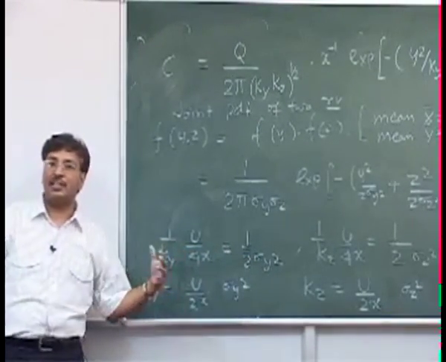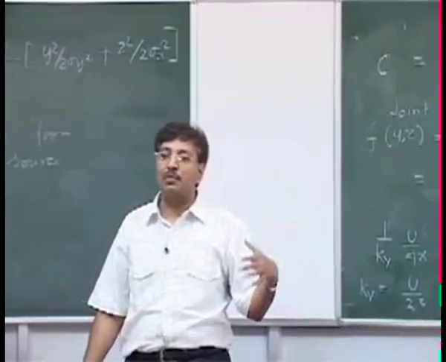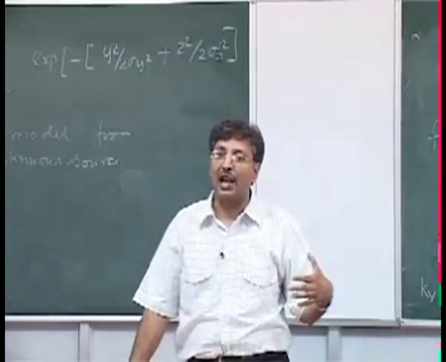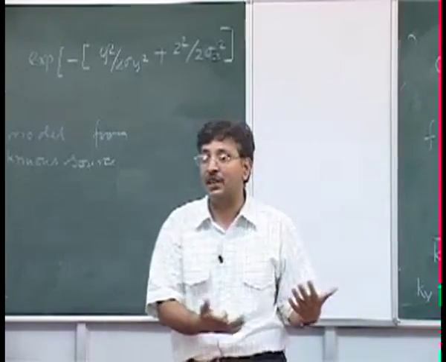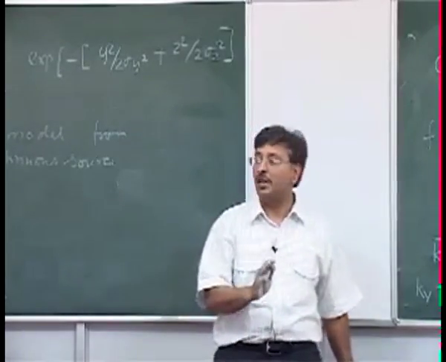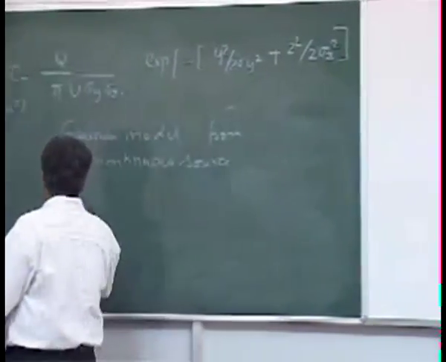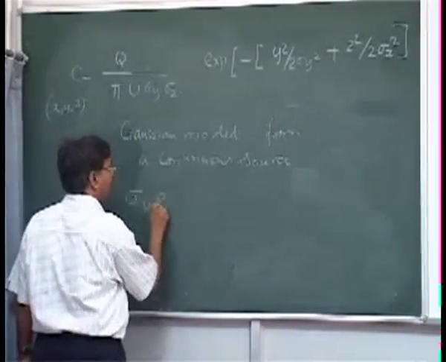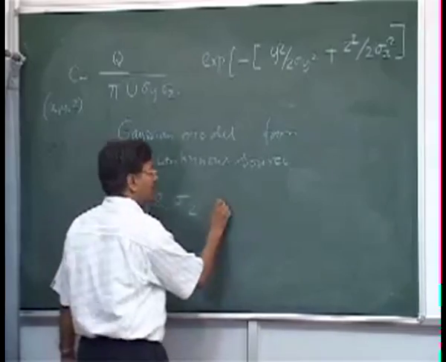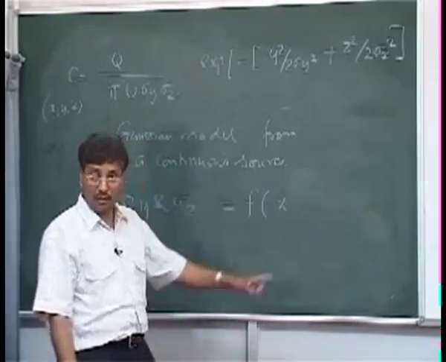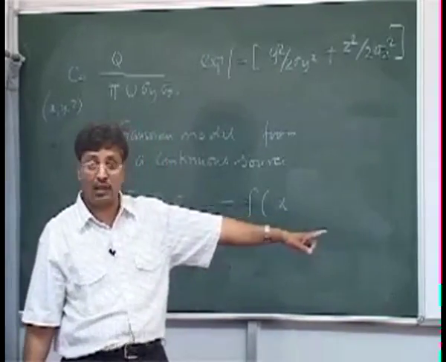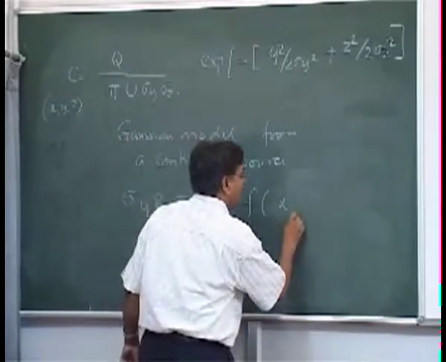Ky and kz are the turbulent diffusivities, and turbulence I am defining as per my earlier classes in the form of the atmospheric stability. So we conclude that sigma y and sigma z will be function of downwind distance x, including sigma z also a function of x, and turbulence.